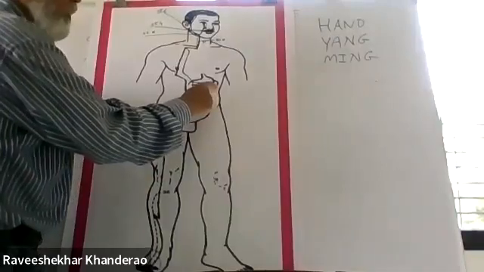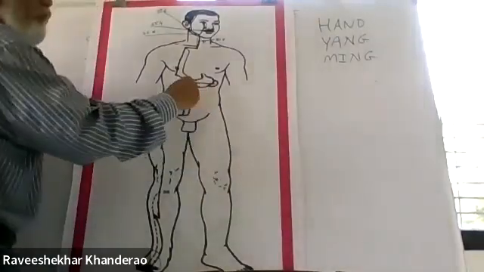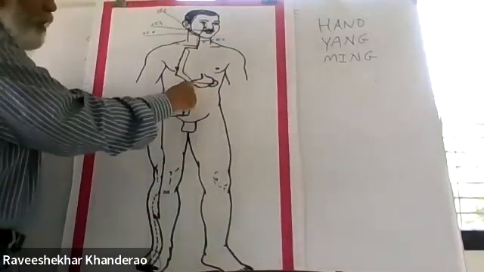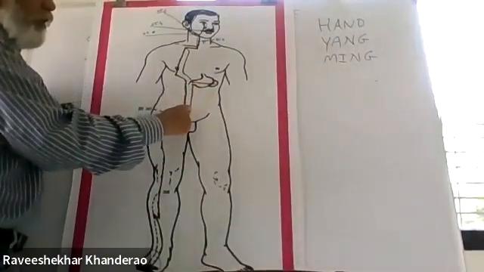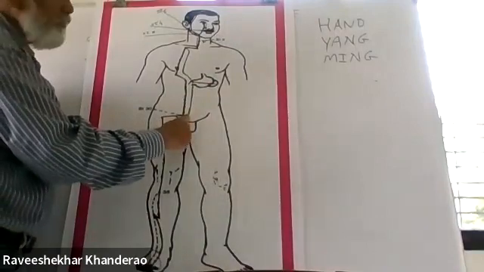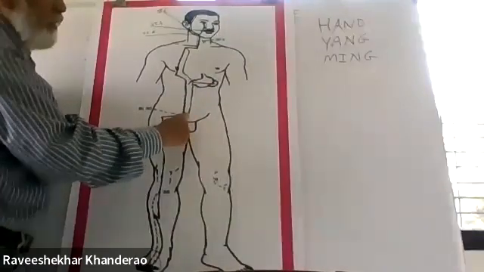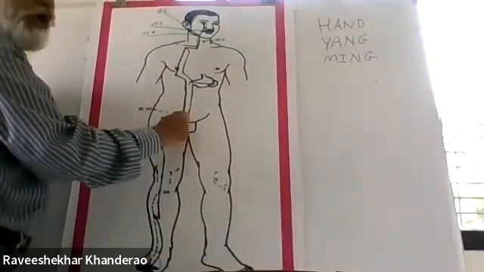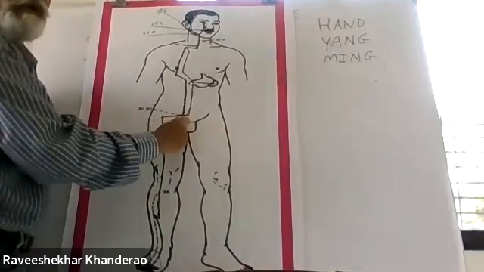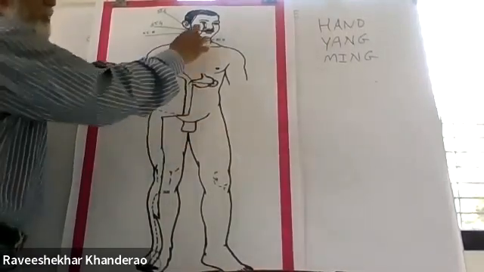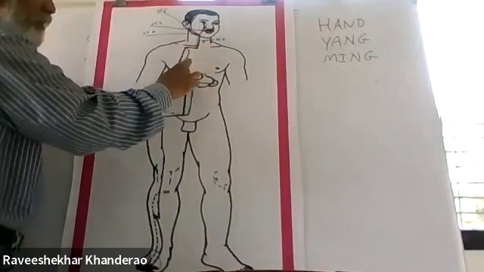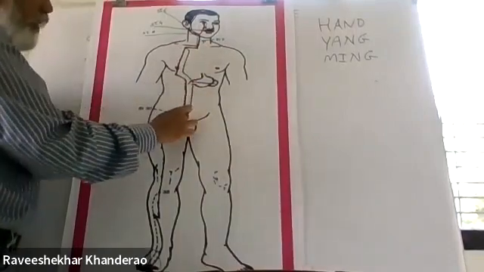Are you getting it? And then another branch from the lower orifice of the stomach moves down on the lateral side of the umbilicus, and it comes and stops here at stomach 30 point. There is a stomach 30 point. This is an internal branch. This is an internal flow of the meridian.